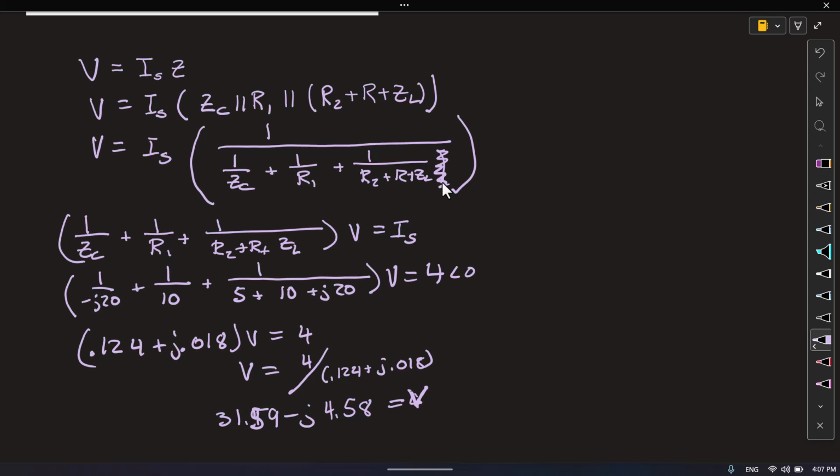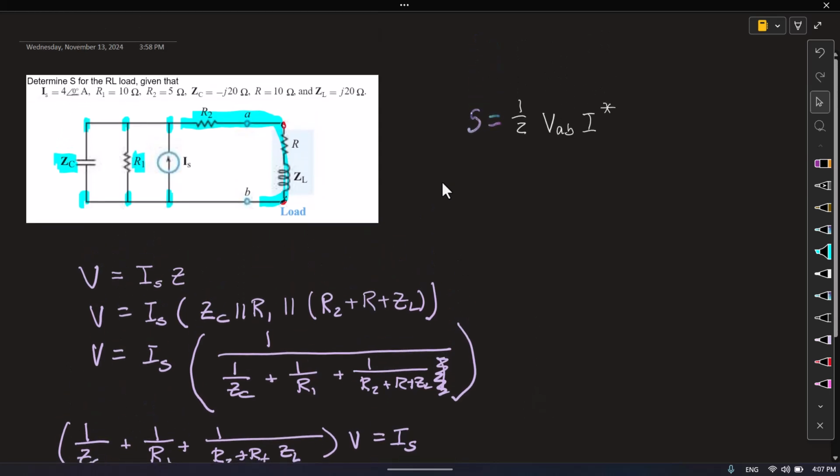All right, so that's V across the whole thing here. V across just RZL is only going to be a part of that. So V across our load, V across RZL, we'll use voltage division on that.